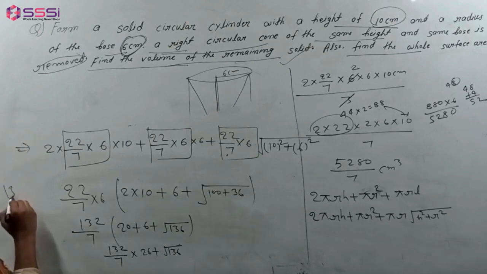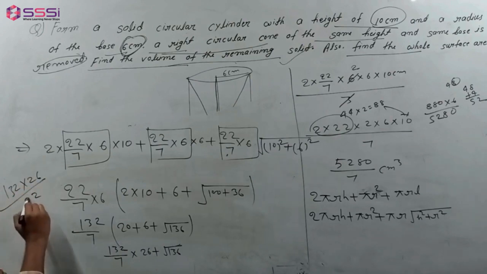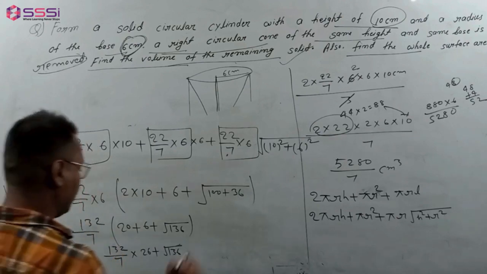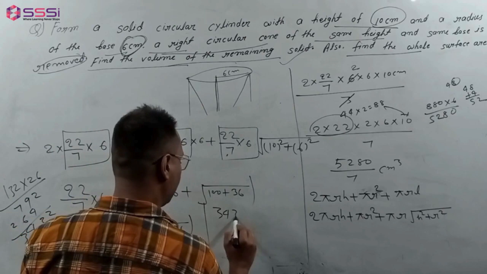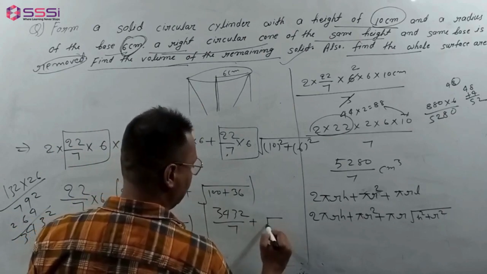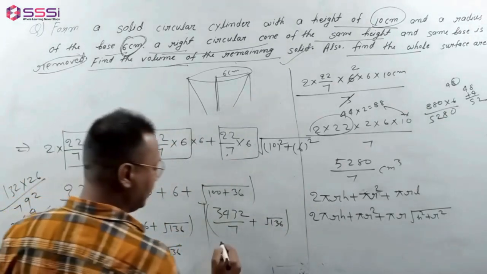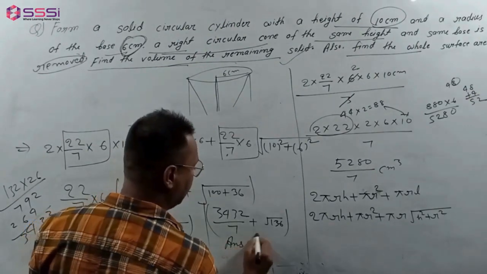We are going to multiply this number 132 multiply by 26, that is 3432 divide by 7 plus root 136. This is our surface area and this is our answer.